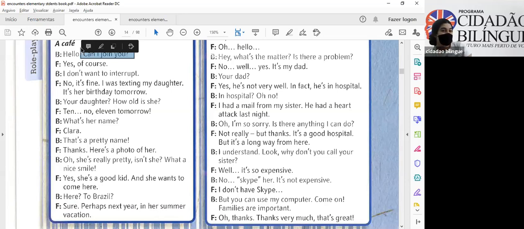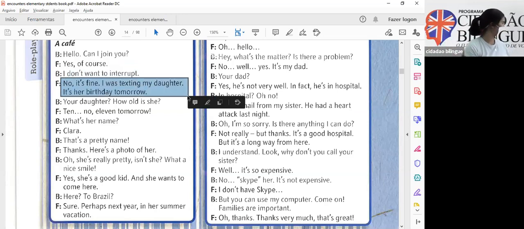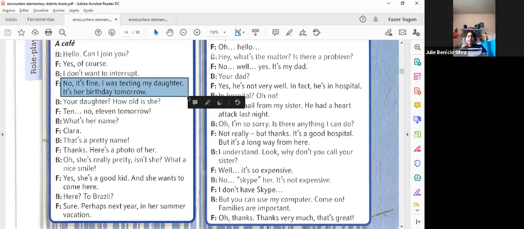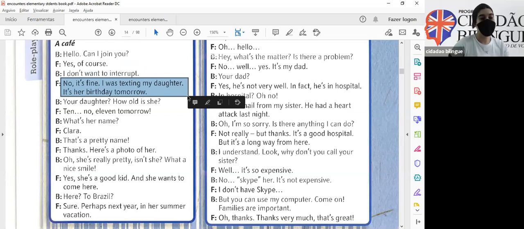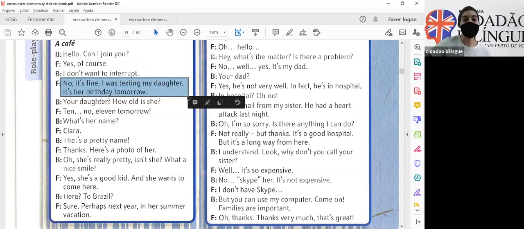Continuing. I don't want to interrupt. Não quero interromper. Okay? I don't want to interrupt. No, it's fine. Não, está tudo bem. I was texting my daughter. Eu estava mandando uma mensagem para minha filha.